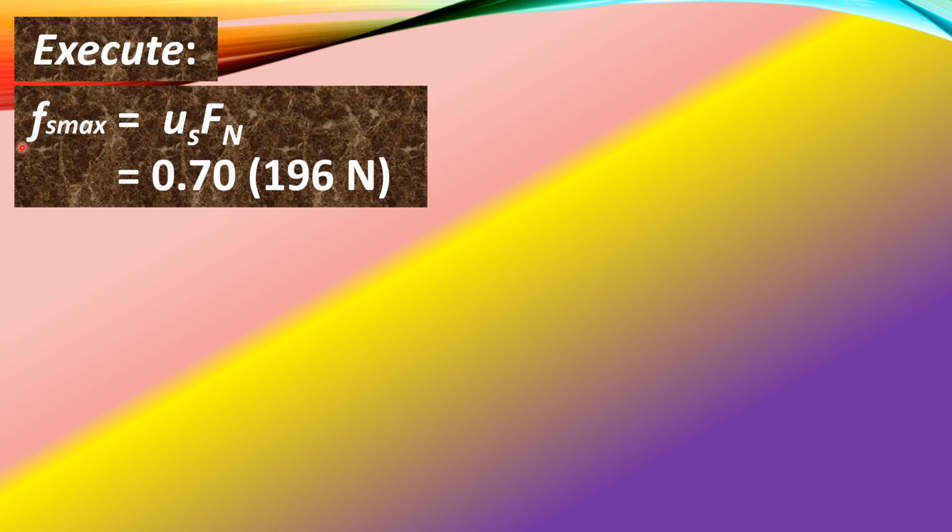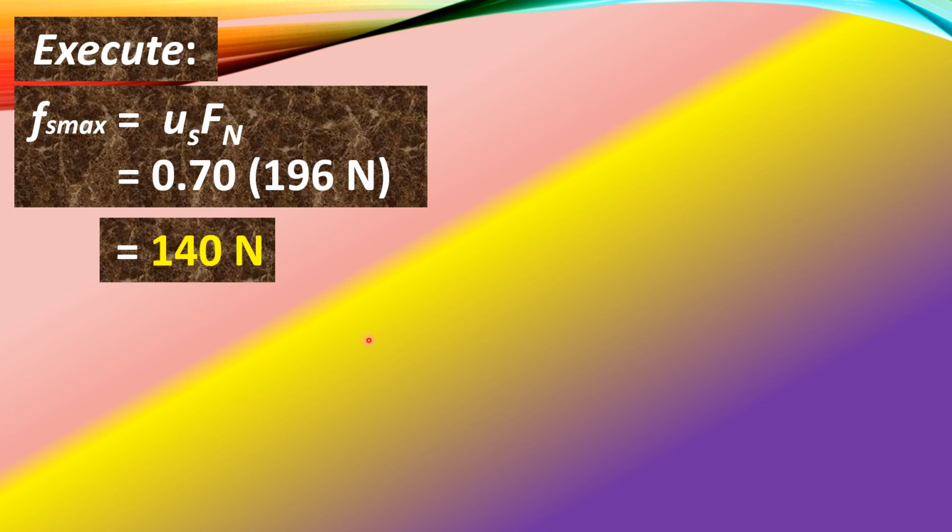Its formula is just to multiply the coefficient of static friction, mu sub S, by the normal force, capital F sub N. Substituting, we have 0.70 as the value of mu sub S and 196 newtons for the normal force F sub N. Doing our math, we get the maximum static friction equal to 140 newtons, in two significant figures.